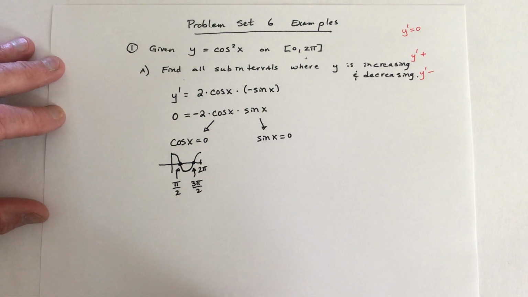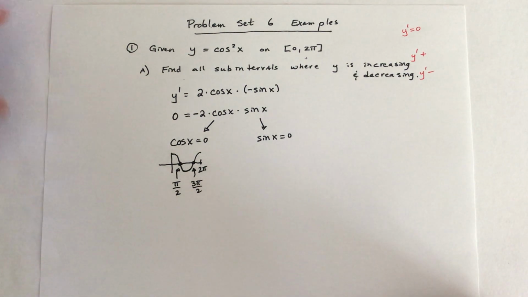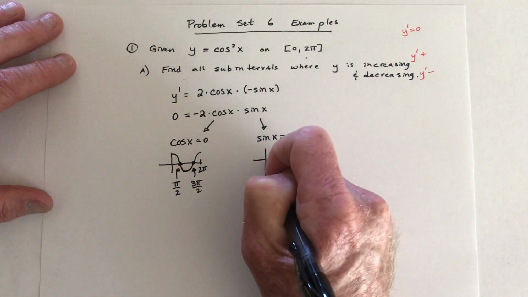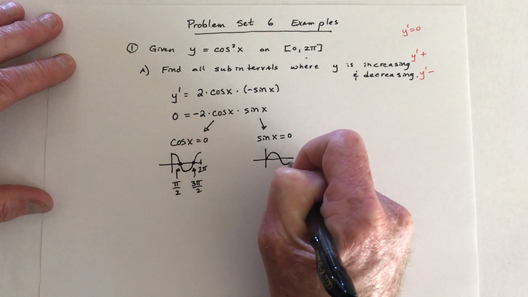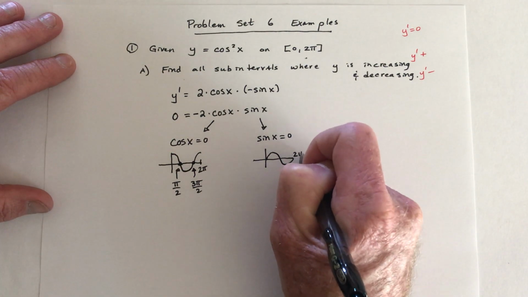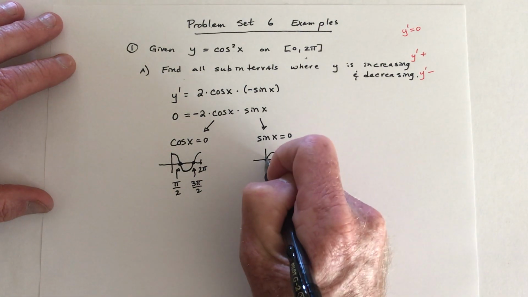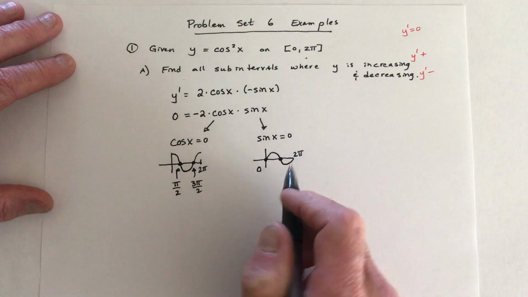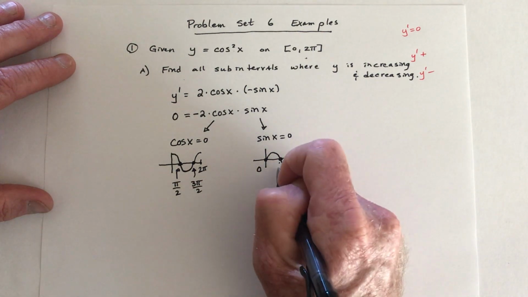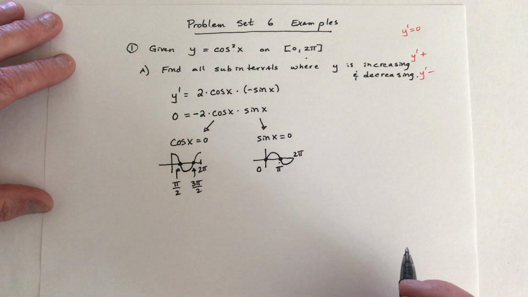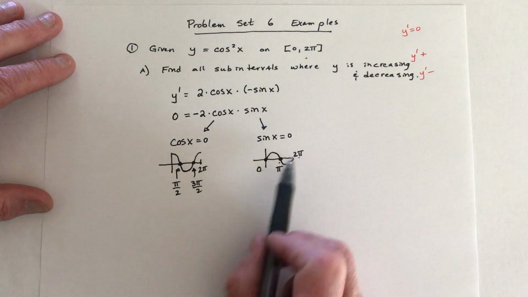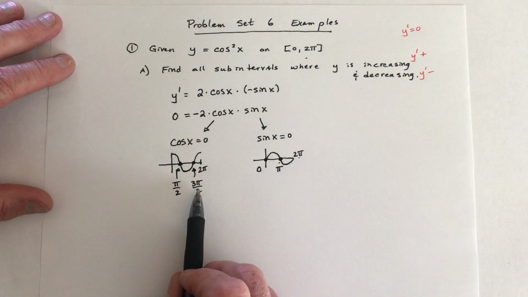Okay, so there's two critical values, pi over 2 and 3 pi over 2. And then what about for sine? So sine looks like this from 0 to 2 pi. And so there would be this, which is 0, this, which is in the middle of 0 and 2 pi, so that's pi. So I actually got three numbers, 0, pi, 2 pi, pi over 2, and 3 pi over 2.